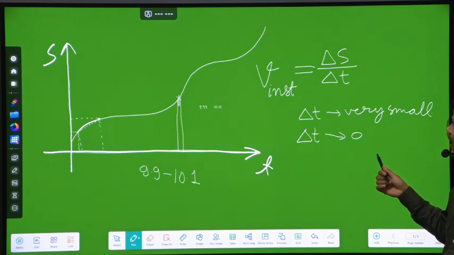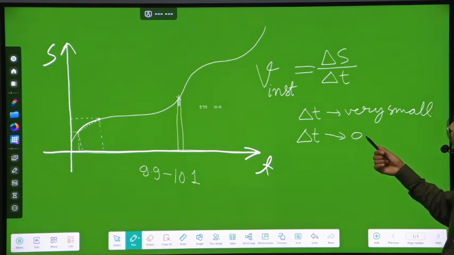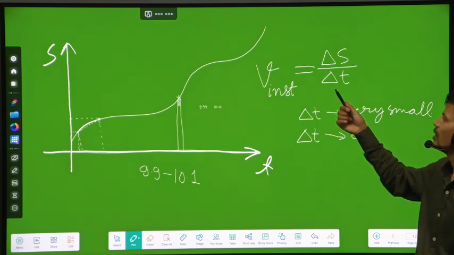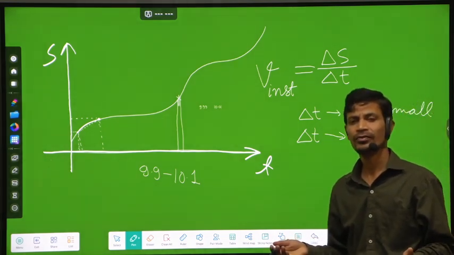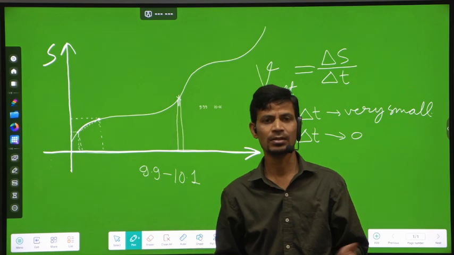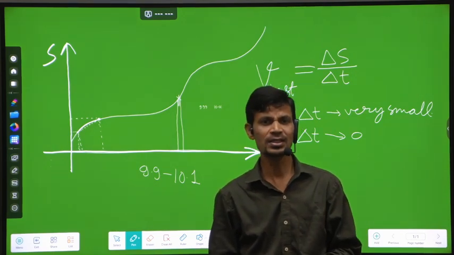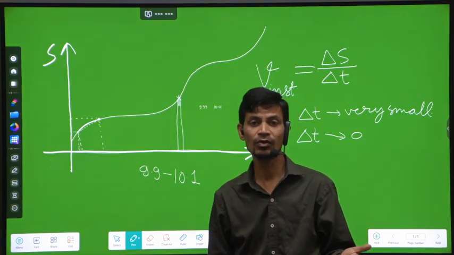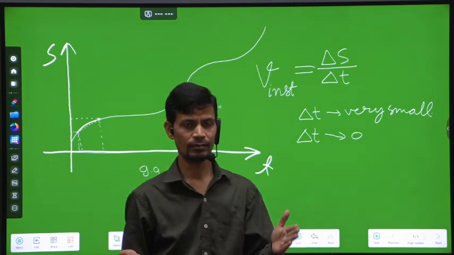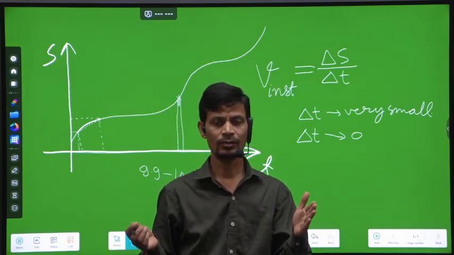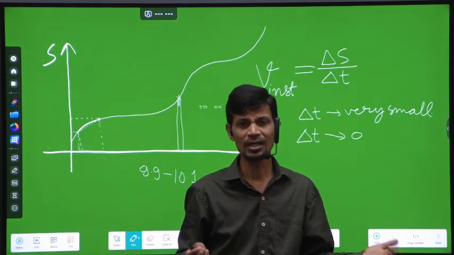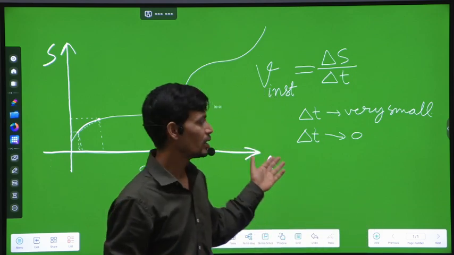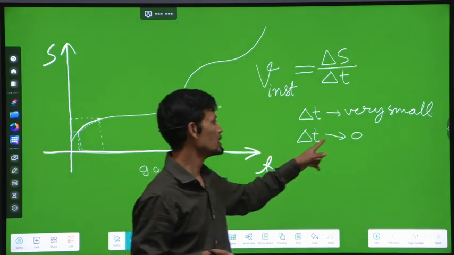But in our ordinary mathematics, if we put such a small number in the denominator, then the entire fraction will tend to infinity, which is not an accepted answer, because we know the body had some non-zero, finite value of velocity at that point. But ordinary mathematics is showing that as delta t tends to 0.